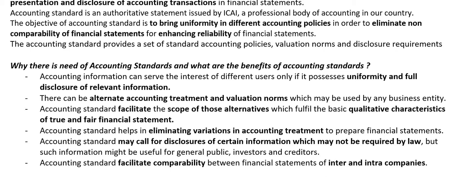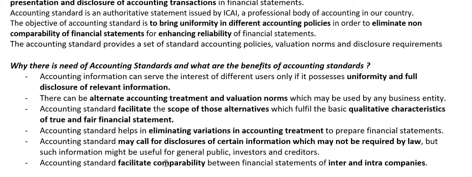And accounting standards also mention disclosures. Whatever disclosures are required by law are to be covered. Then these financials will be useful for the general public, investors and creditors. Those policies are known as accounting standards.